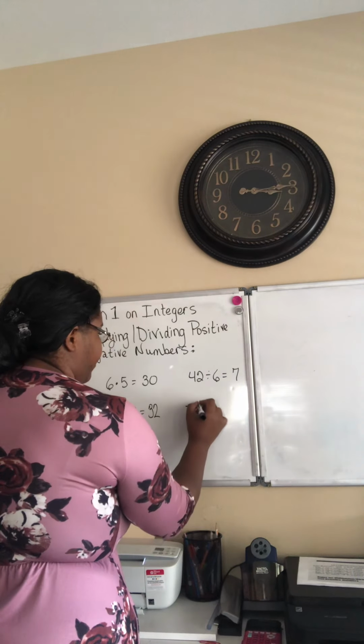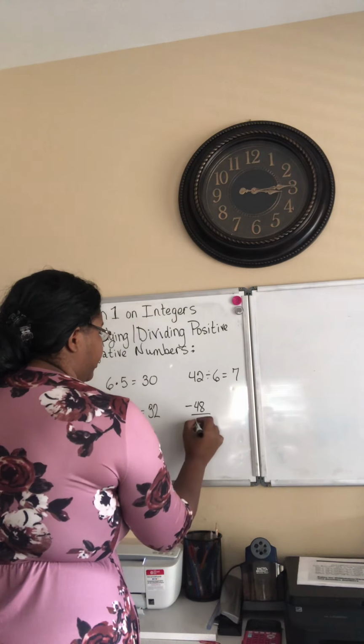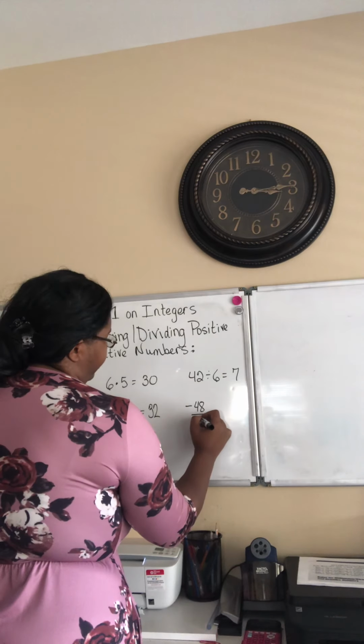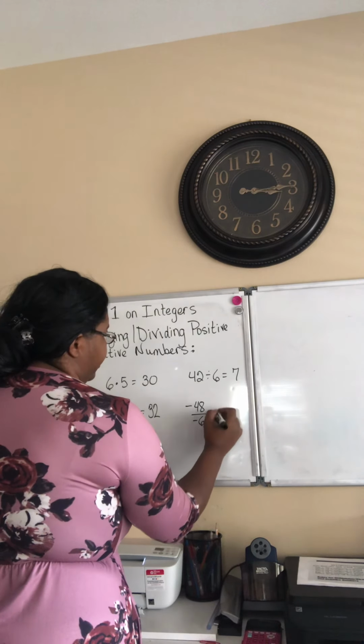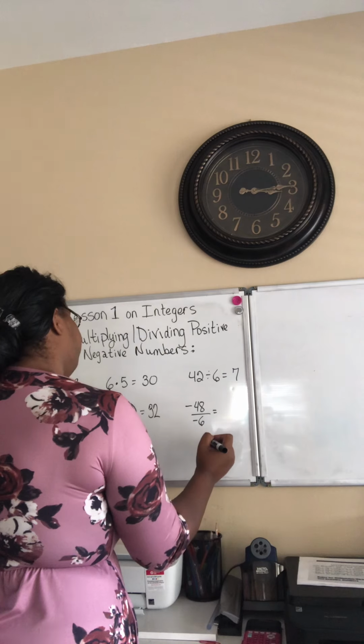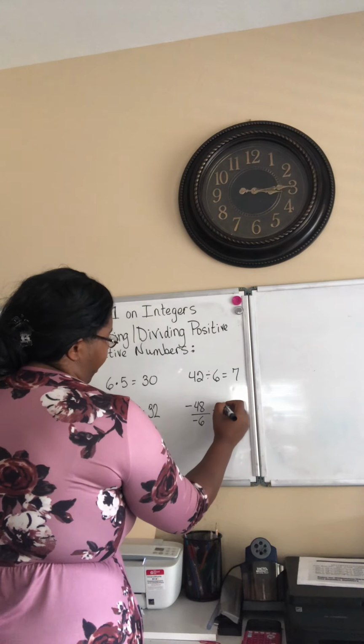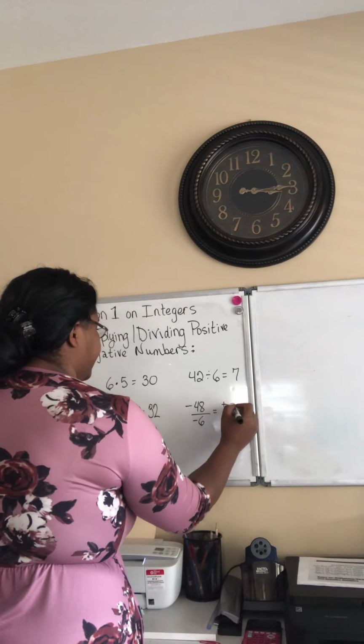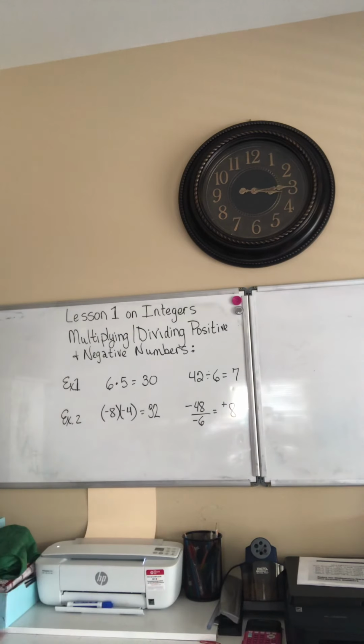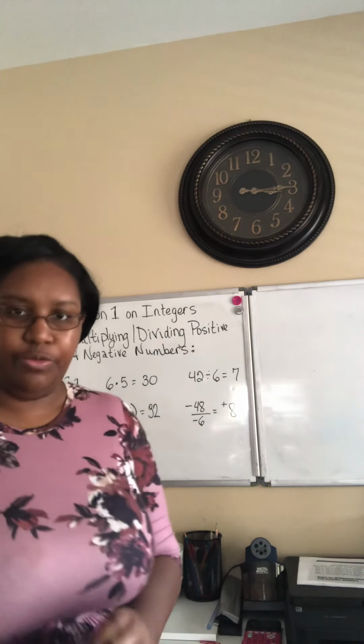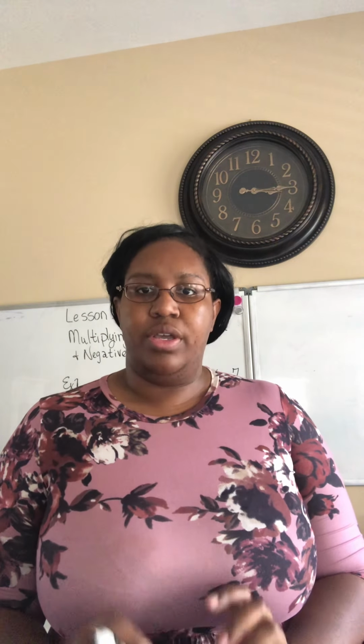So let's say I have negative 48 divided by negative 6. My answer is going to be a positive 8. Okay? So, second rule states, when multiplying or dividing two negative numbers, the answer is always positive.